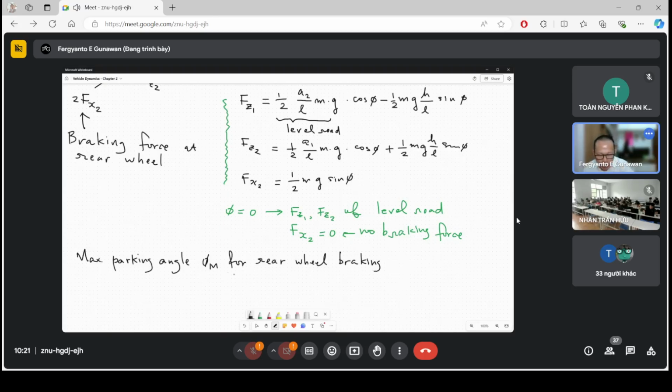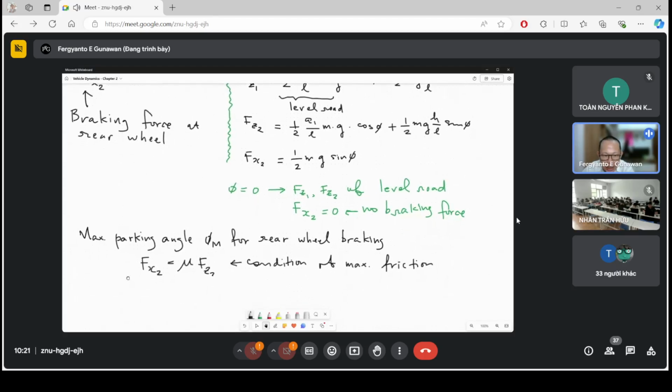The maximum parking angle happens if Fx2 equals the coefficient of friction times Fz2. So this is the condition of maximum friction.